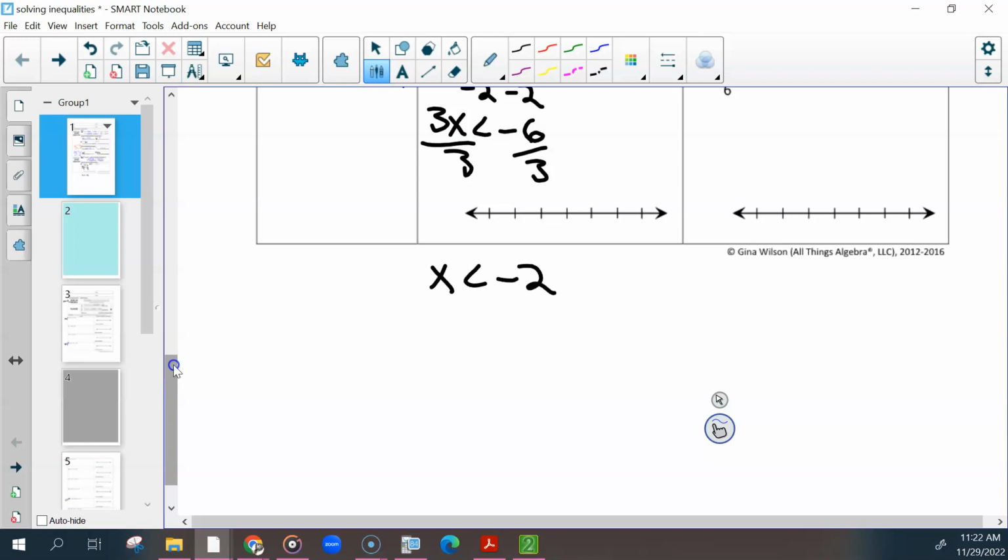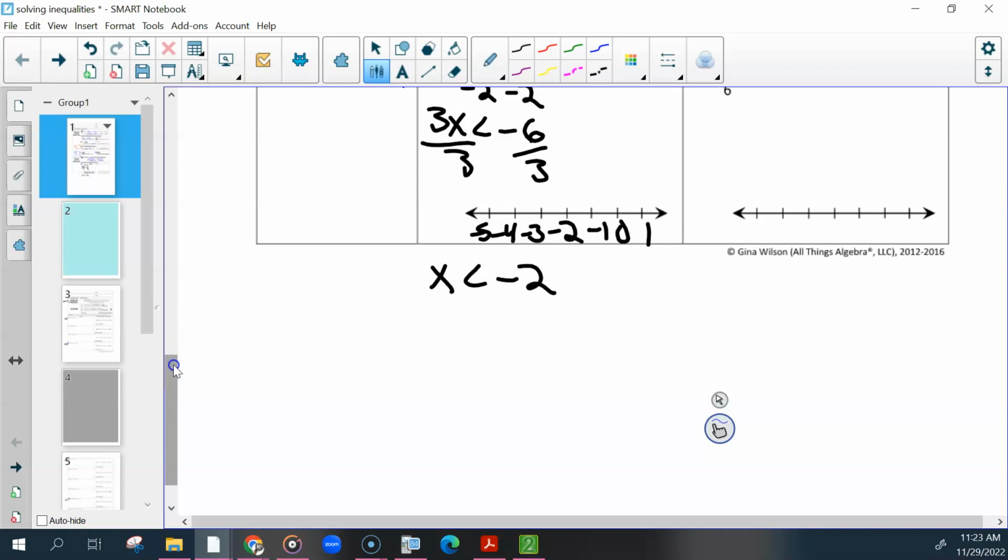You have a blank number line. You're going to kind of make your own. I would say put this number in the middle and just branch out from there. So negative 1, 0, 1, negative 3, negative 4, negative 5. It doesn't have to be exactly like mine, as long as the number you need is there. So negative 2 has to be there somewhere.